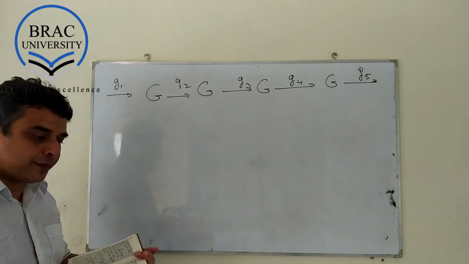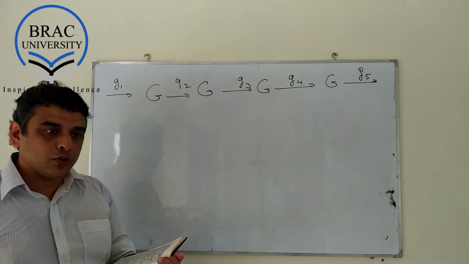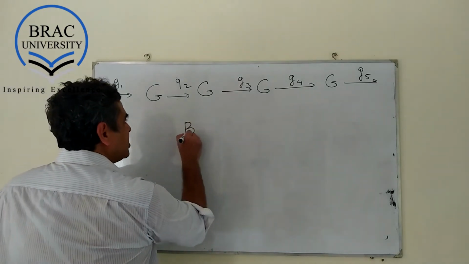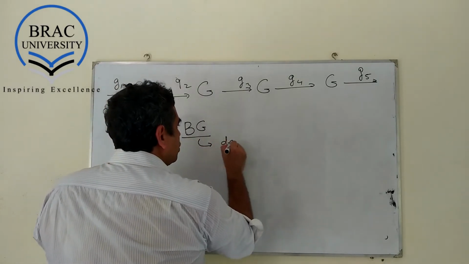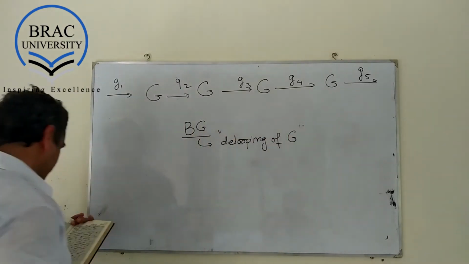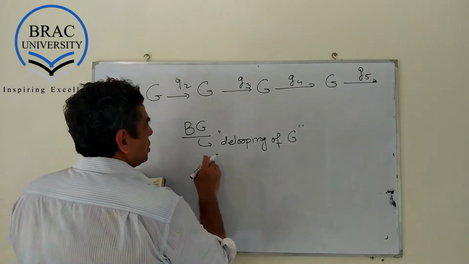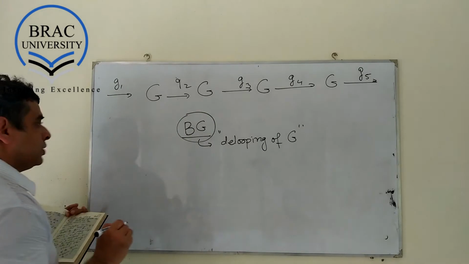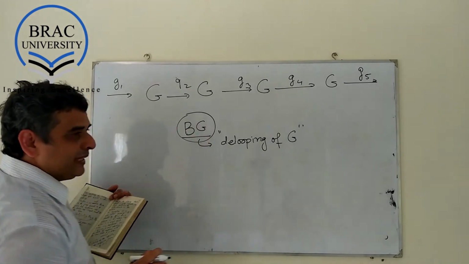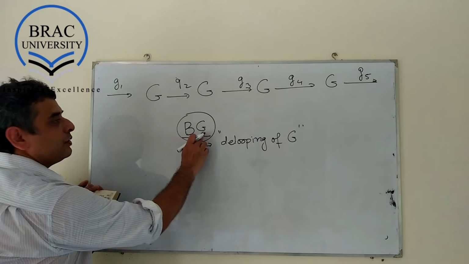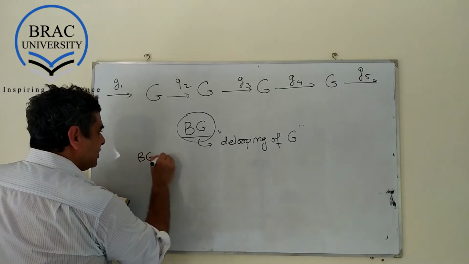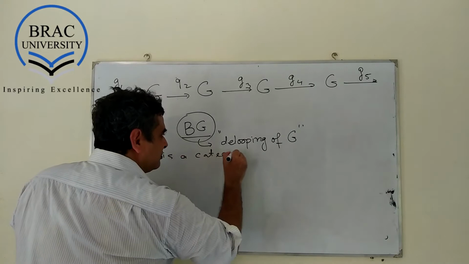This construction of a category out of a group has a name called delooping of G, denoted by BG. Okay. So it is a category. So we constructed this category BG, or the delooping of G, starting from the group G. BG is a category in the following way.